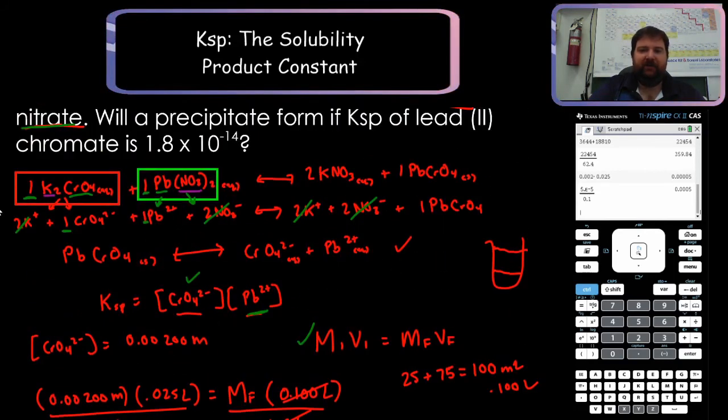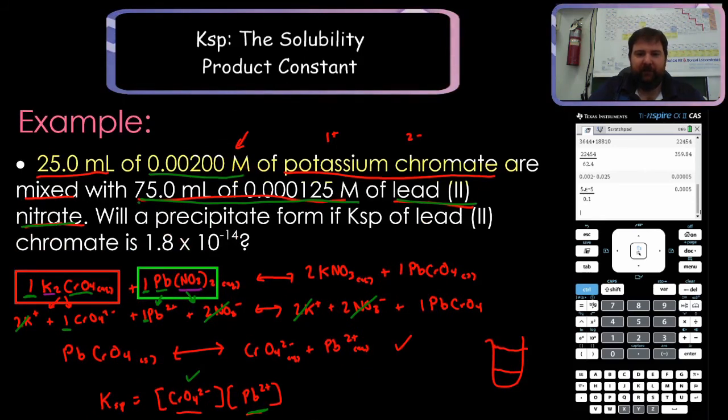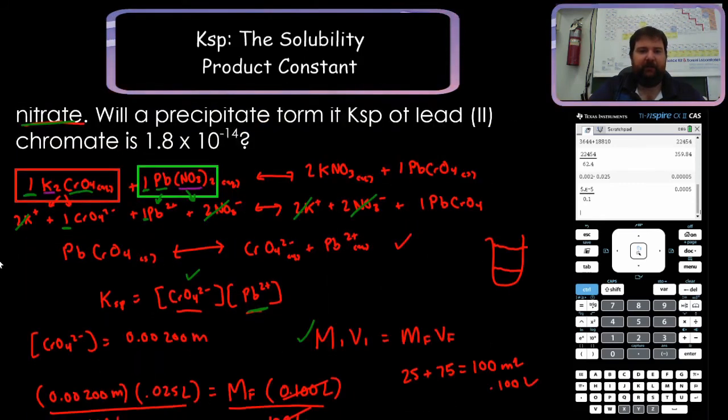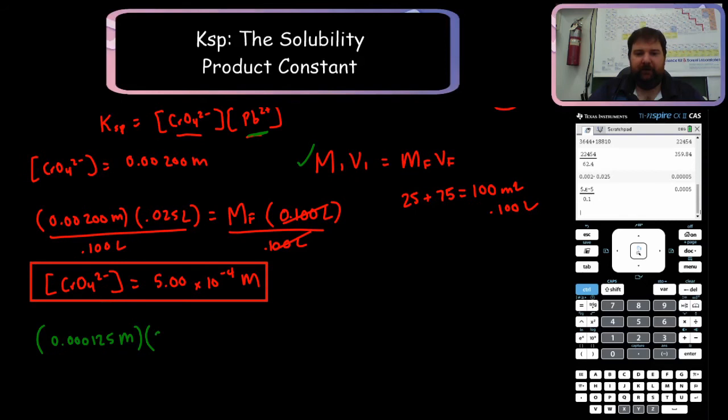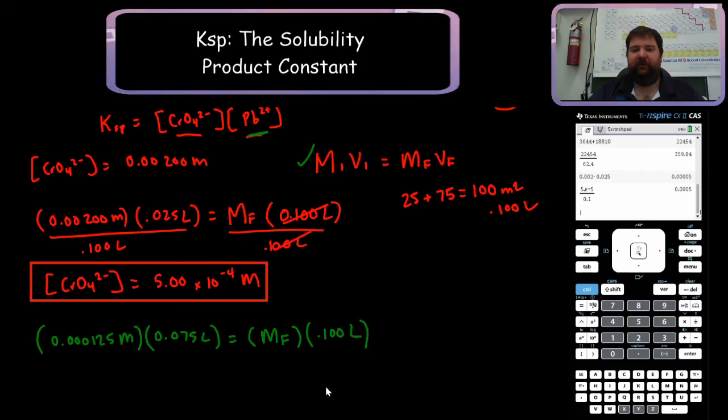What was my initial volume of lead ions? 75 milliliters. All right. 75 milliliters is 0.075 liters. That's going to be equal to my final molarity, which is what I'm finding, times my total new volume. And of course, when I mix them together, I have 100 milliliters.